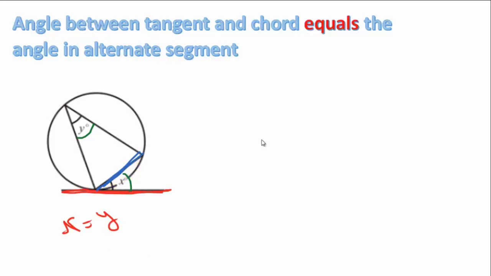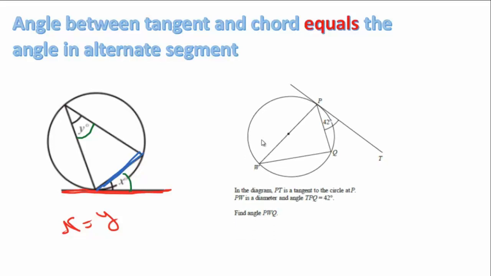How can we use that in the question? Let's see. In this diagram, as you can see, PT is a tangent at P and PW is a diameter. Angle TPQ is 42 degrees. So find angle PWQ.